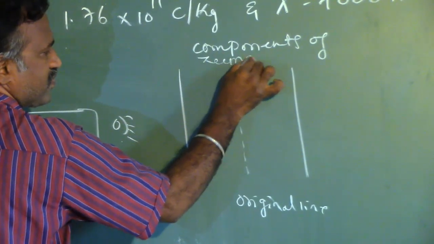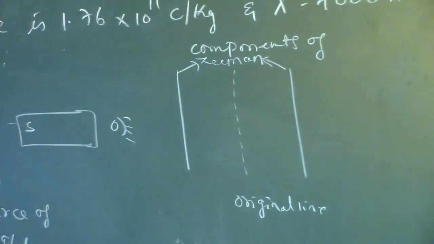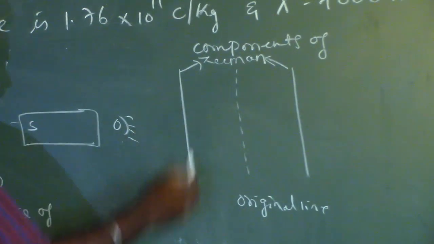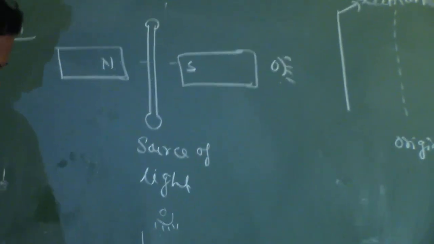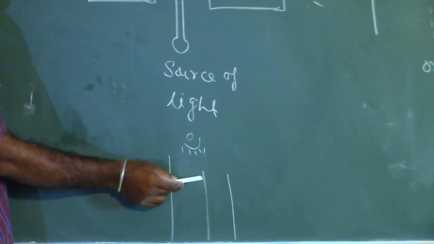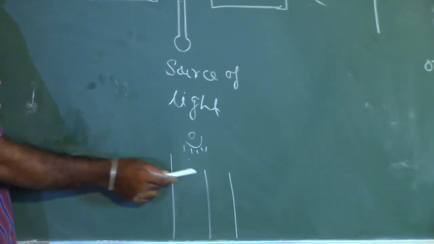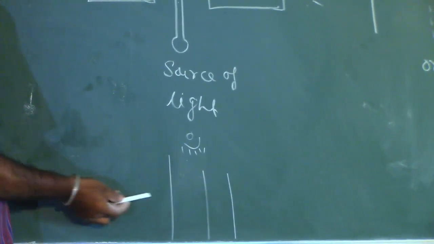So this is one component and this is another component. But if you observe the spectral line in a direction perpendicular to this, here we will have three spectral lines. The middle one will be known as the original line and these two will be known as the components of the Zeeman splitting.